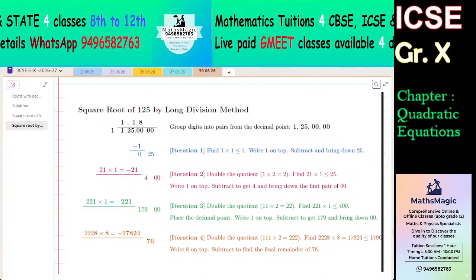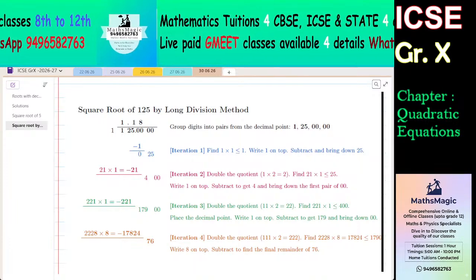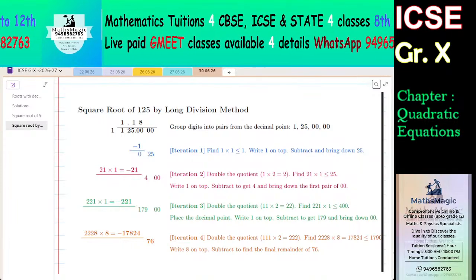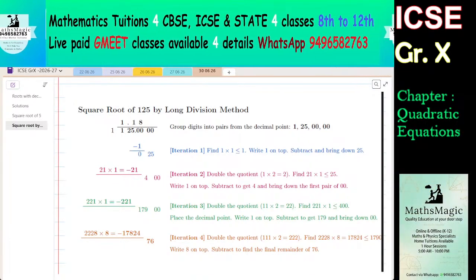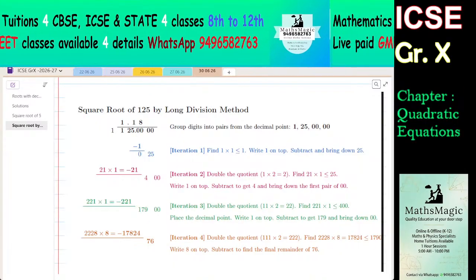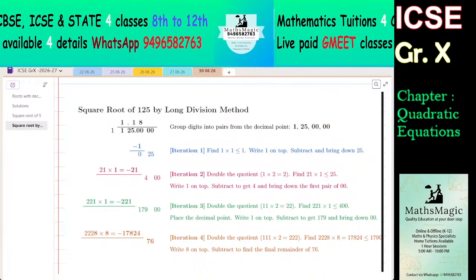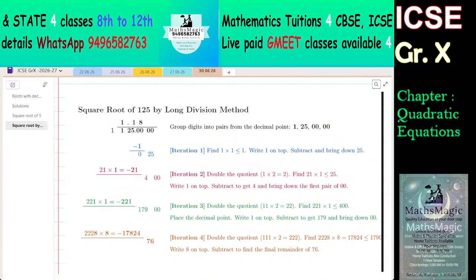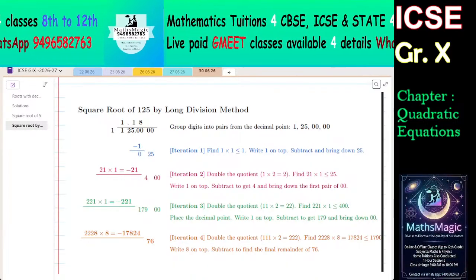Still having doubt? Remember that you have to take the double of what's there in the quotient part. We should be very careful in doing that.